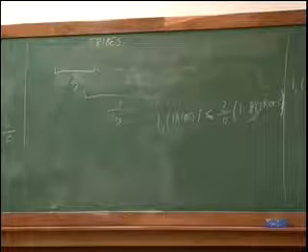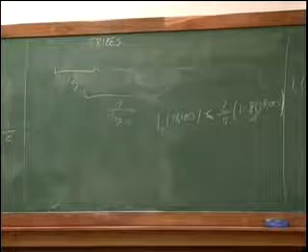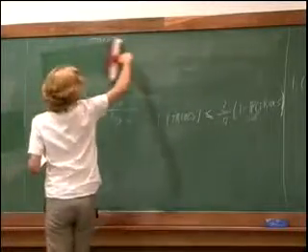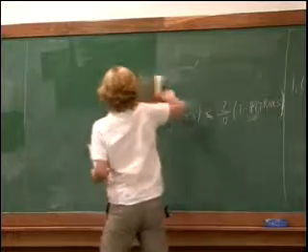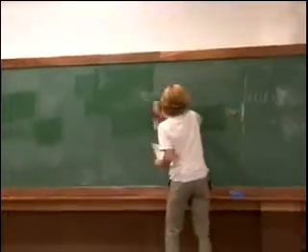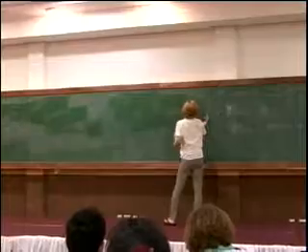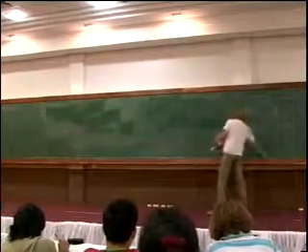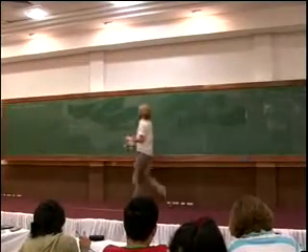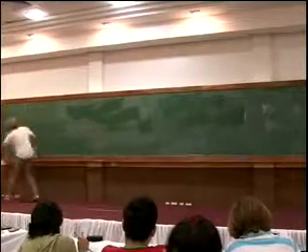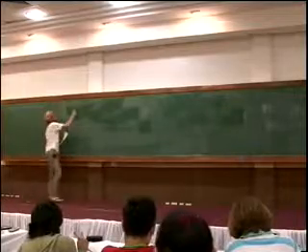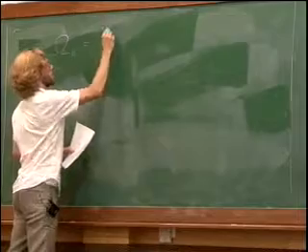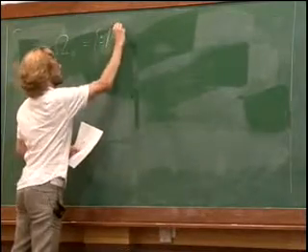I can erase this, right? So we've got our probability space, omega n, which is just the outcome space, plus minus 1 to the n.